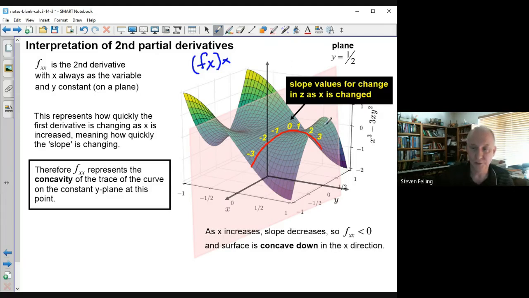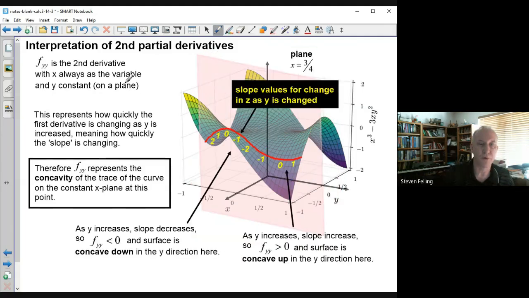So these slopes are getting more negative, right? And so there's a negative second derivative here, right? And negative second derivative is associated with concave down, right? But in this case, because we're differentiating with respect to x, it's concave down when we move in the x direction. So this does mean concavity, but concavity in a specific direction, right? Okay, and the same thing is true for fyy, except that it's changing in the y direction.